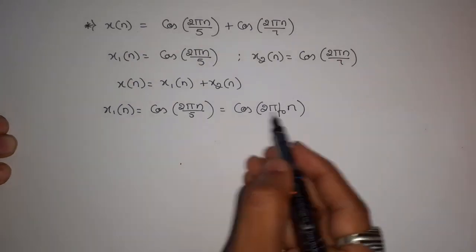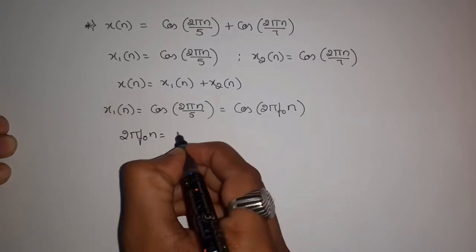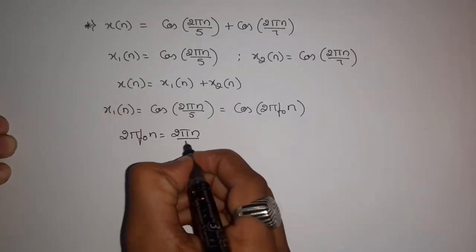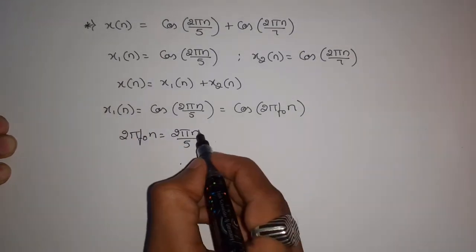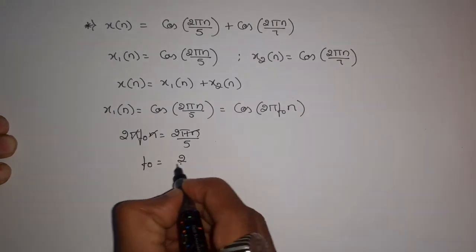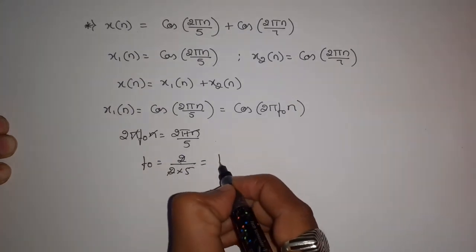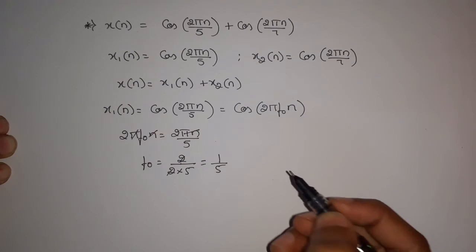Comparing these two, we can write 2 pi f naught n is equal to 2 pi n by 5. Pi n gets cancelled, and we will be left with f naught is equal to 2 divided by 2 into 5. The 2s get cancelled, and we will be left with f naught is equal to 1 by 5.